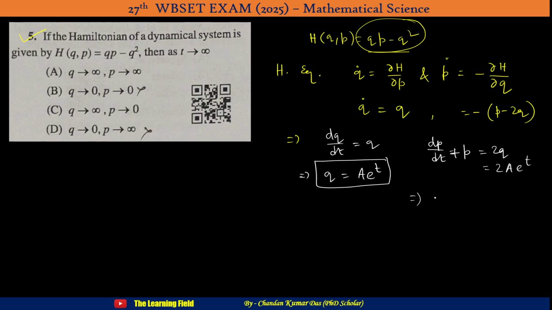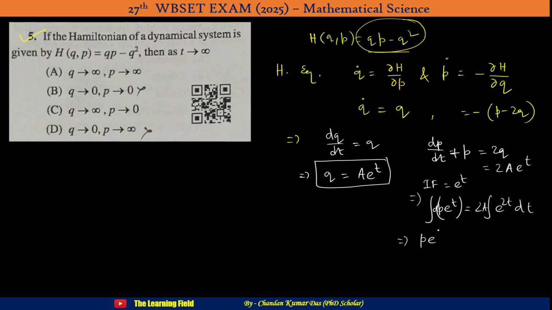dp/dt + p = Q, and here the integrating factor we need is e^t. Multiplying by the integrating factor and integrating both sides, d(p e^t) = ∫2A e^{2t} dt.